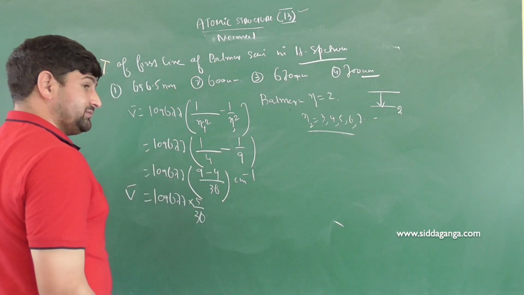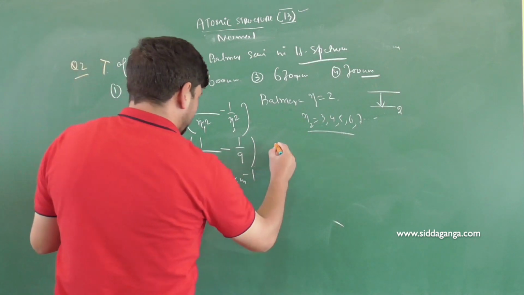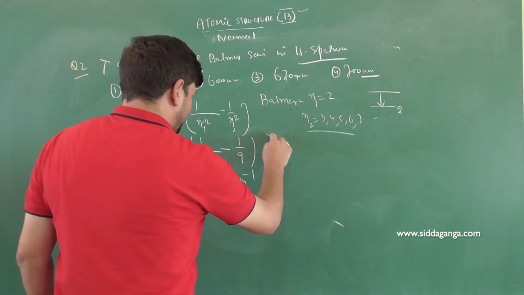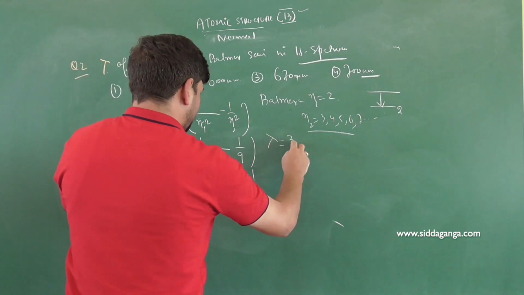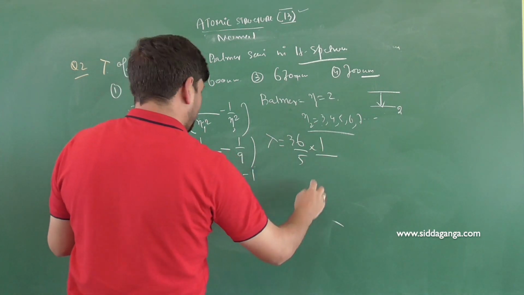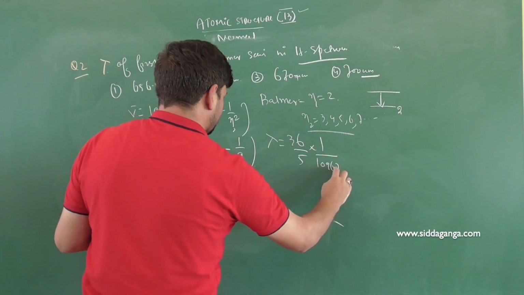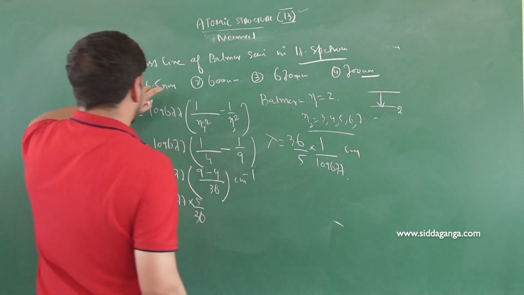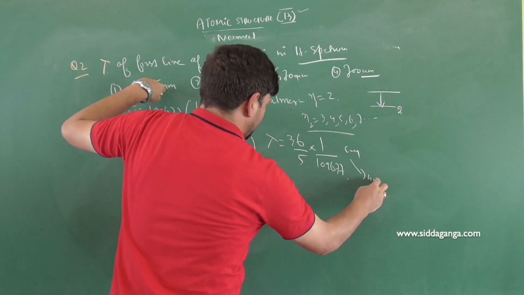But that is what? Wave number. So what will be wavelength? It will be the inverse of that. So wavelength will be 36 by 5 into 1 by 109677. We will get the answer here in centimeters, but our option is in nanometers. You can convert this into nanometers.